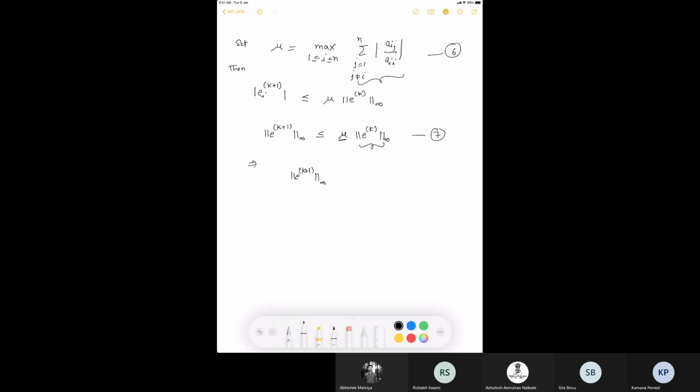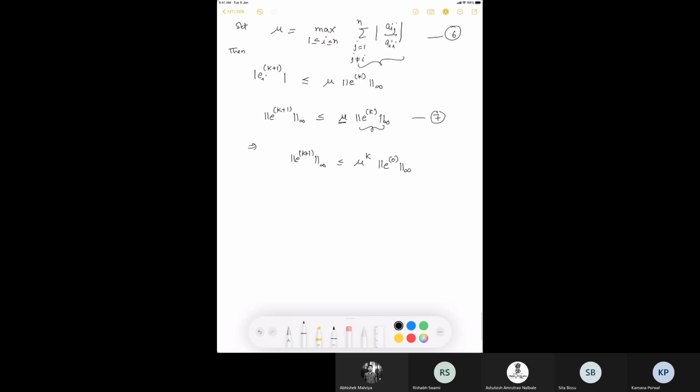I'm going to repeat this procedure until I reach e_0, so the mu factor will come k times. So this is mu raised to power k, and the last term I get is the L infinity norm of e_0. When I say e_0, this is the error in the initial guess.